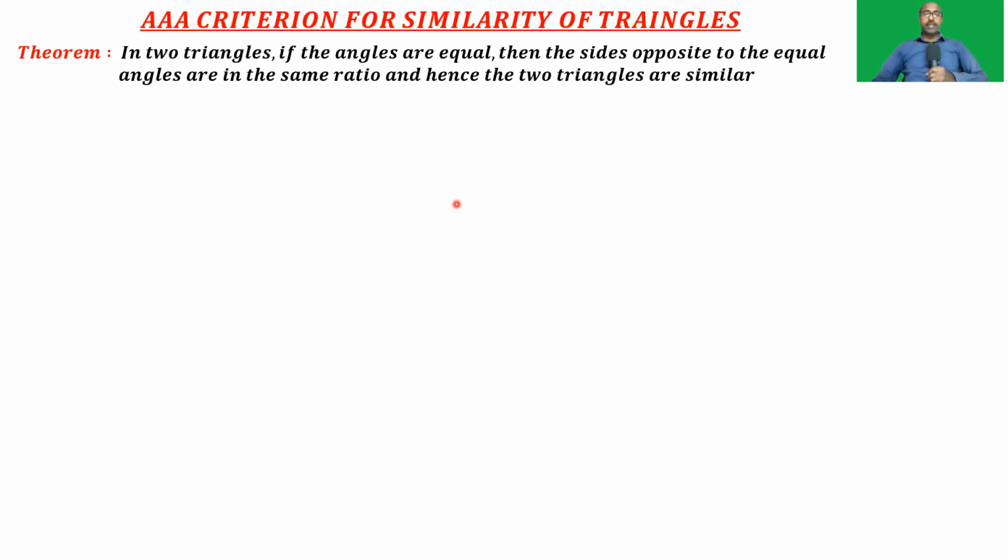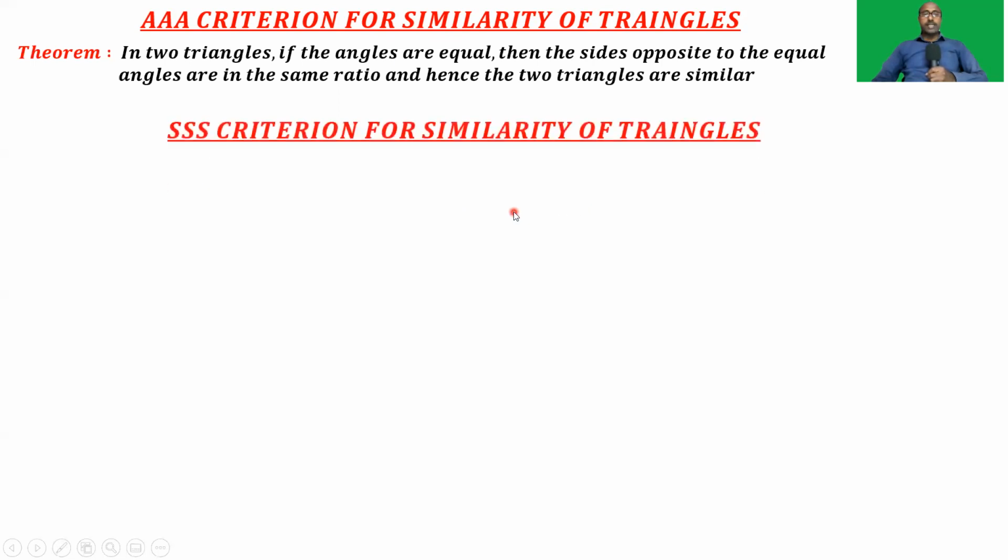That is, if in two triangles, the angles in the first triangle are equal to the angles in the second triangle, then the two triangles are similar. And the second one, SSS criterion, that is the side criterion.